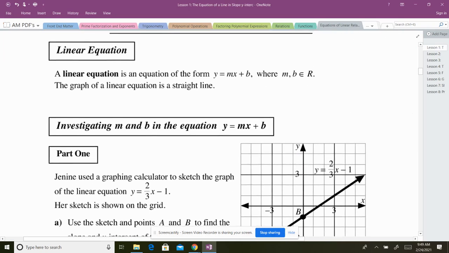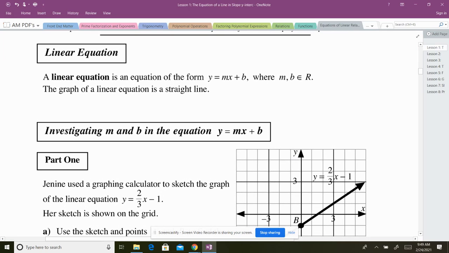So this is your friend, not me. This linear equation is a specific form of the linear equation. It's called the slope y-intercept form, okay? And the reason it is called the slope y-intercept form is, what is the symbol for slope?